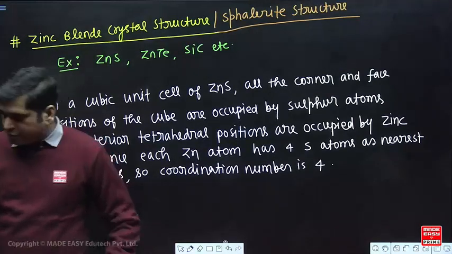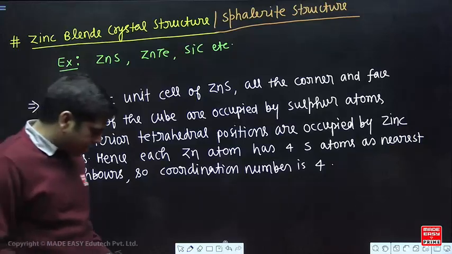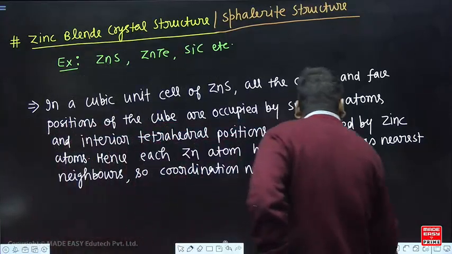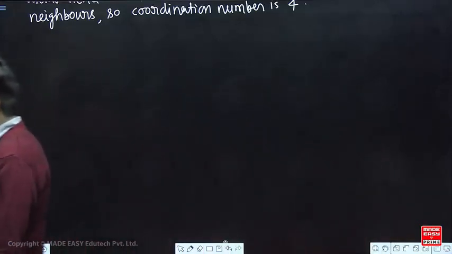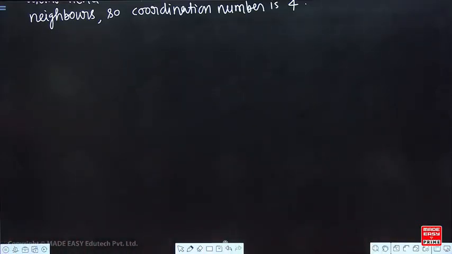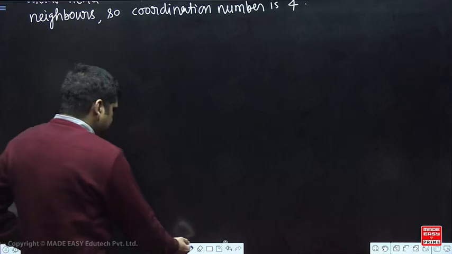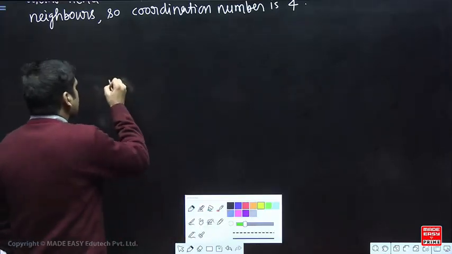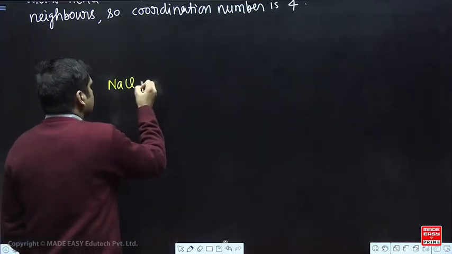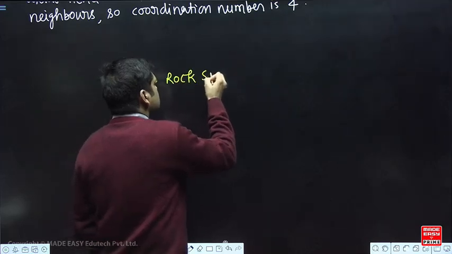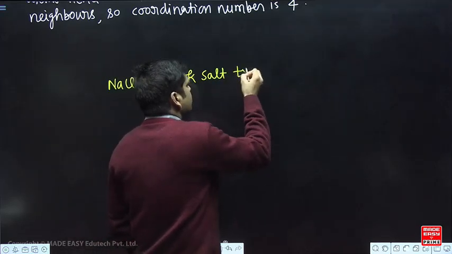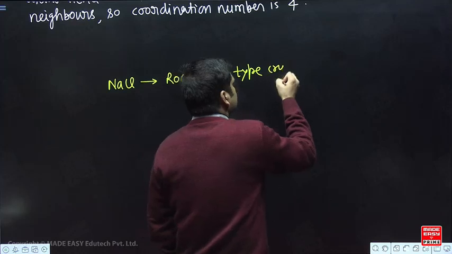Done. I am giving the name of few other structures, just the name is required, detail we do not discuss, but sometimes they ask the name, so you should be knowing the name of few other structures also, like NaCl. In NaCl the structure is known as rock salt type crystal structure.